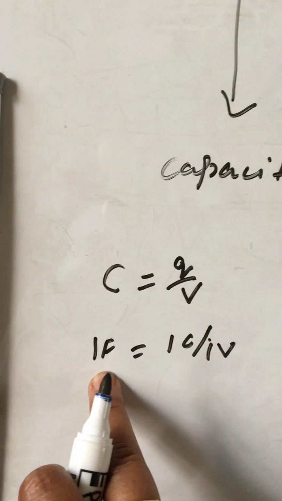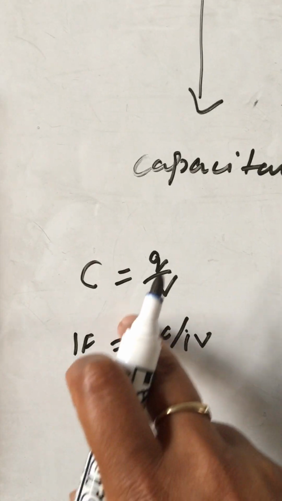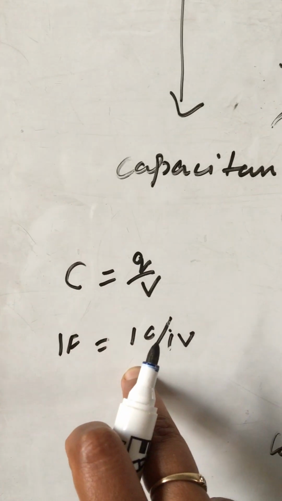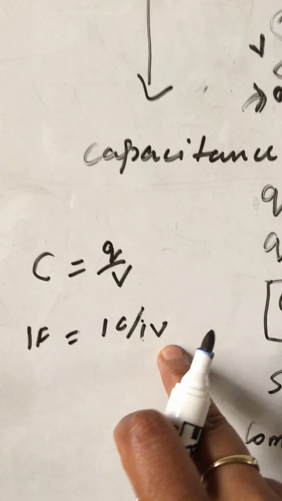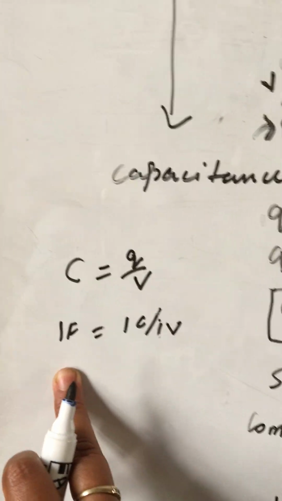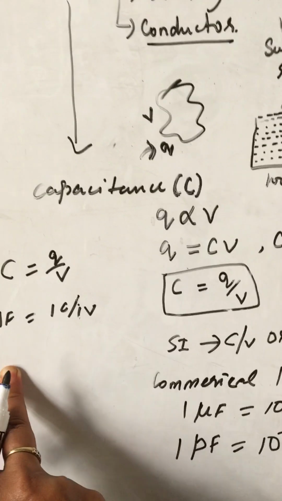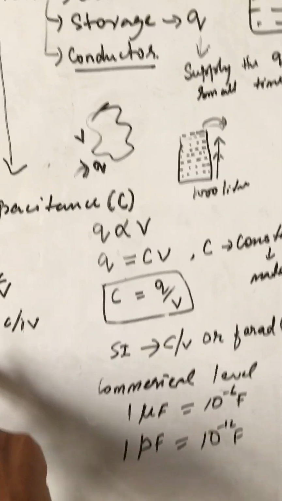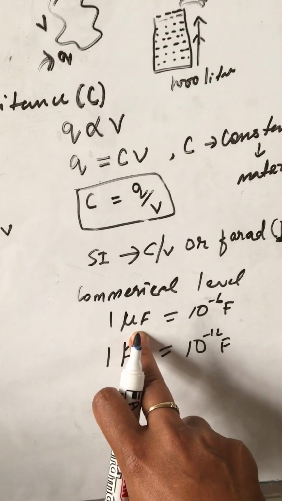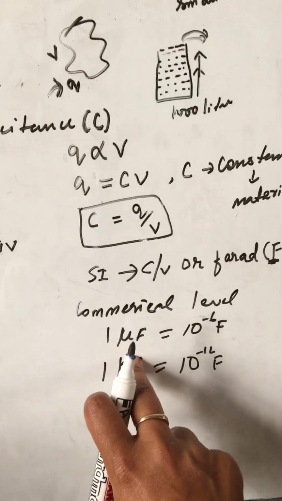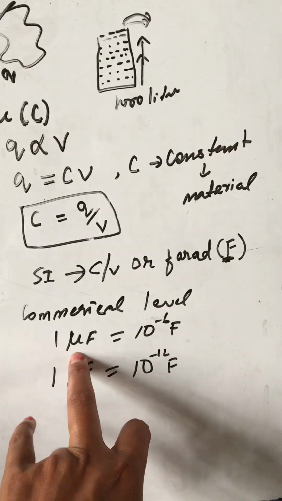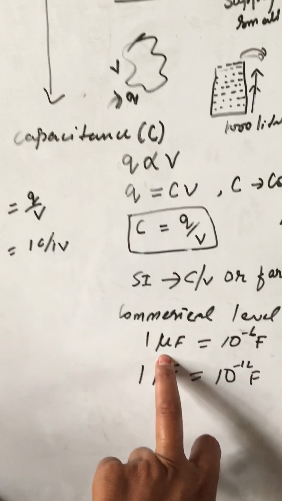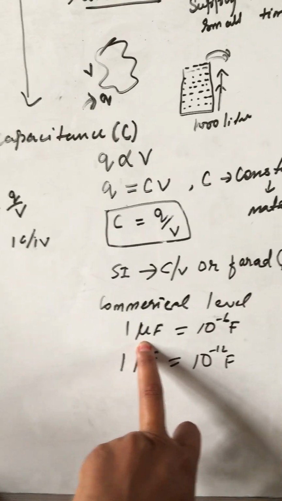This is very, very high, because on depositing 1 coulomb, the potential gets increased by many times, not only by 1 volt. So 1 farad is a very big unit, and we hardly use it. On the commercial level we use microfarad. Like in a fan, it depends upon the type of fan also, but it is in the order of microfarad, and in a motor also it is in the order of microfarad.